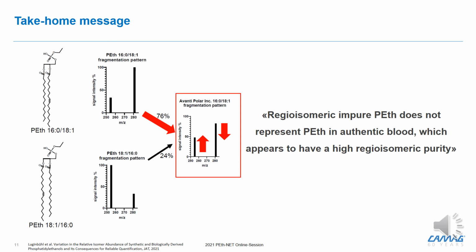On the other hand, if you use 281, you get an overestimation of the concentration within your authentic samples due to the fact that the calibration does not match reality.